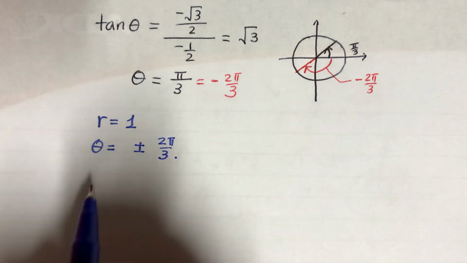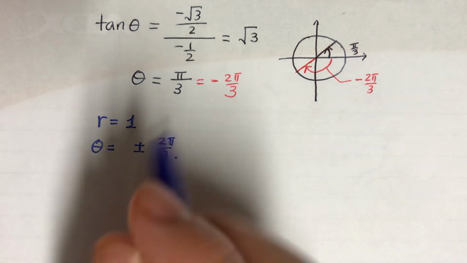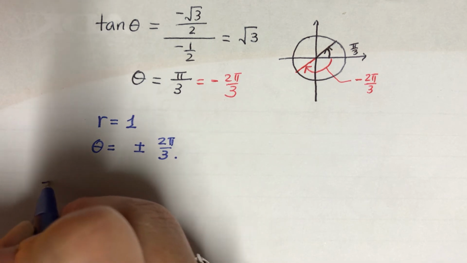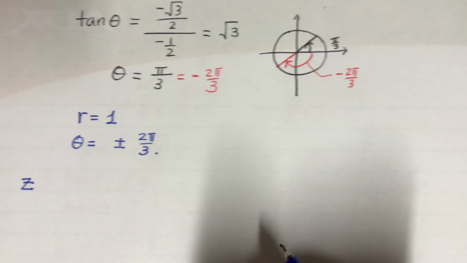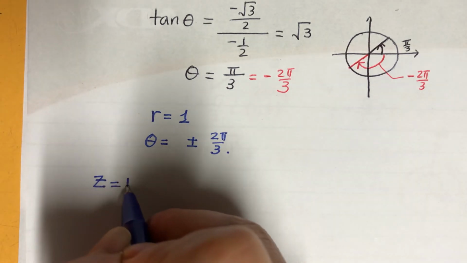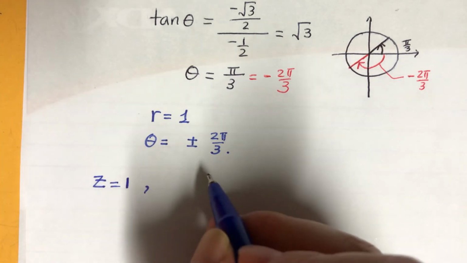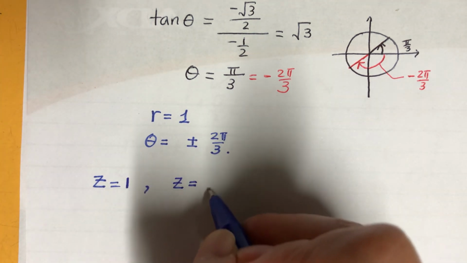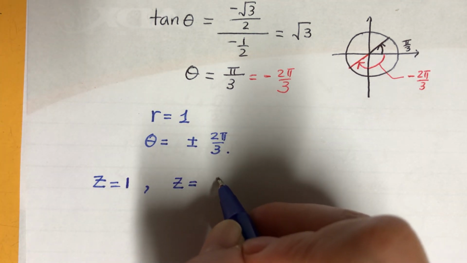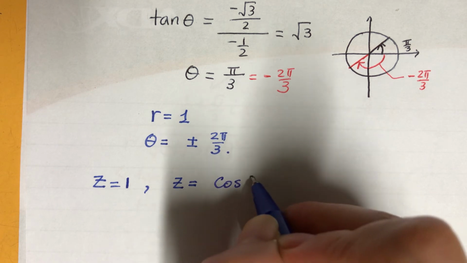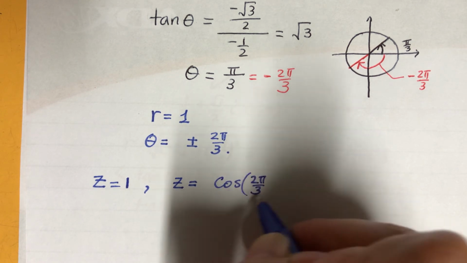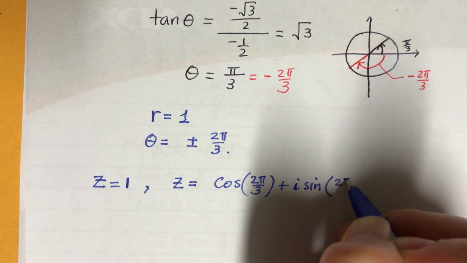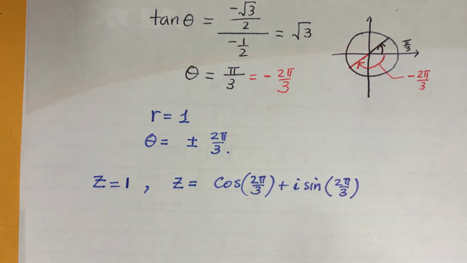And I'm going to put this into polar form. So first we had z equals 1. That was previously done. And now the next one, 1 is the modulus, and I'm going to have cos 2 pi over 3 plus i sin 2 pi over 3, when the argument was that.